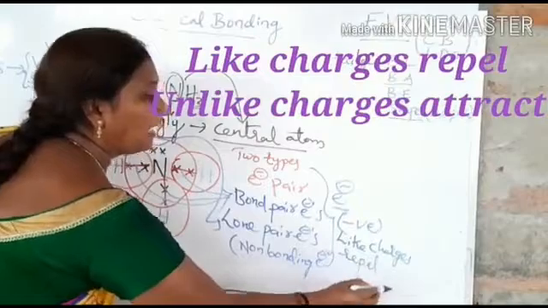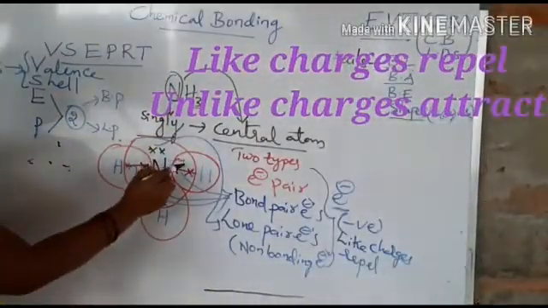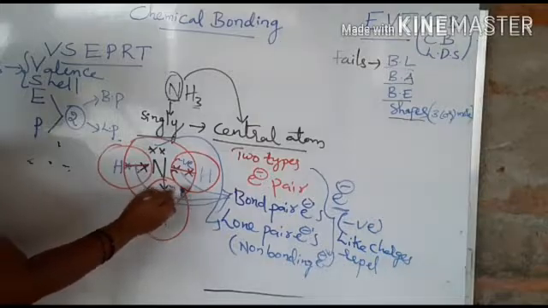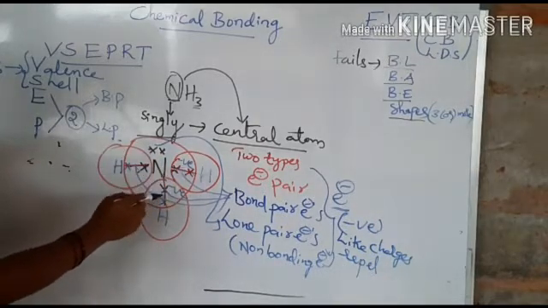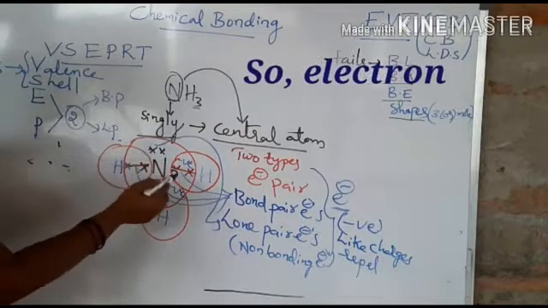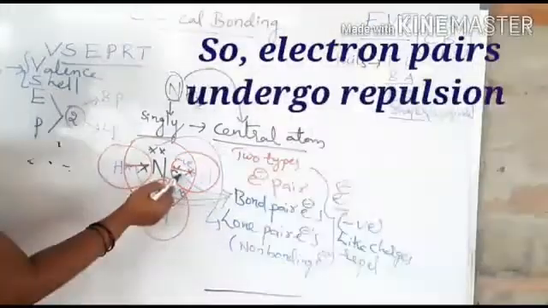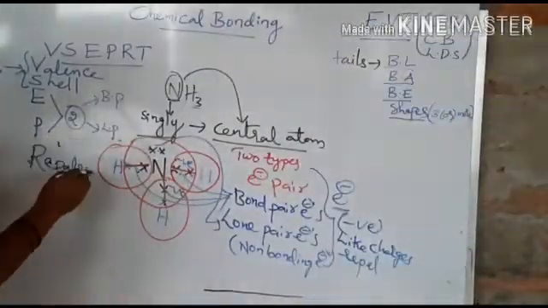You know, like charges repel and unlike charges attract. So here these electrons have negative charge and these electrons also have negative charge, so there is a repulsion between these two electron pairs. The lone pair electrons also have negative charge, and these electrons also have negative charge, so there are repulsions between these two electron pairs.